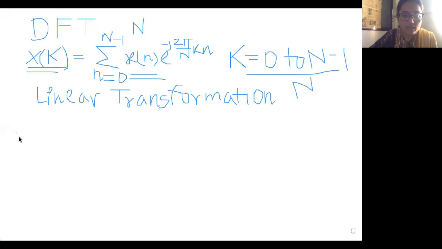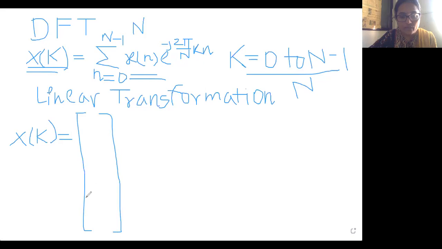So I can represent X of k by using a one-dimensional matrix, as it contains n number of values. Yesterday we have written everything. The first value of k is 0, so this is represented as X of 0.